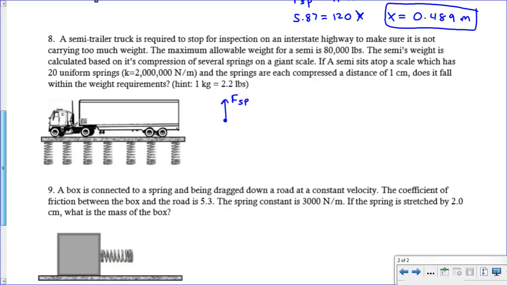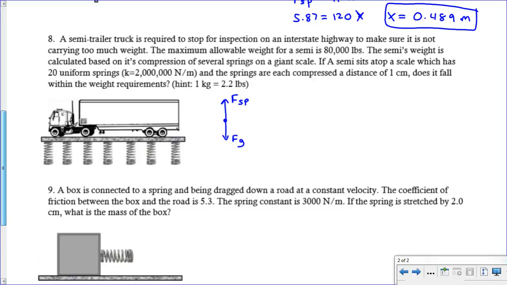I know this is kind of simplifying it because there's also that block there, but I think this is an easier way of thinking about it. The springs are holding the semi-trailer up, so F_SP there, and then gravity is pulling the semi-trailer down. Essentially, if you simplify it, those are the only two forces acting on this semi-trailer.